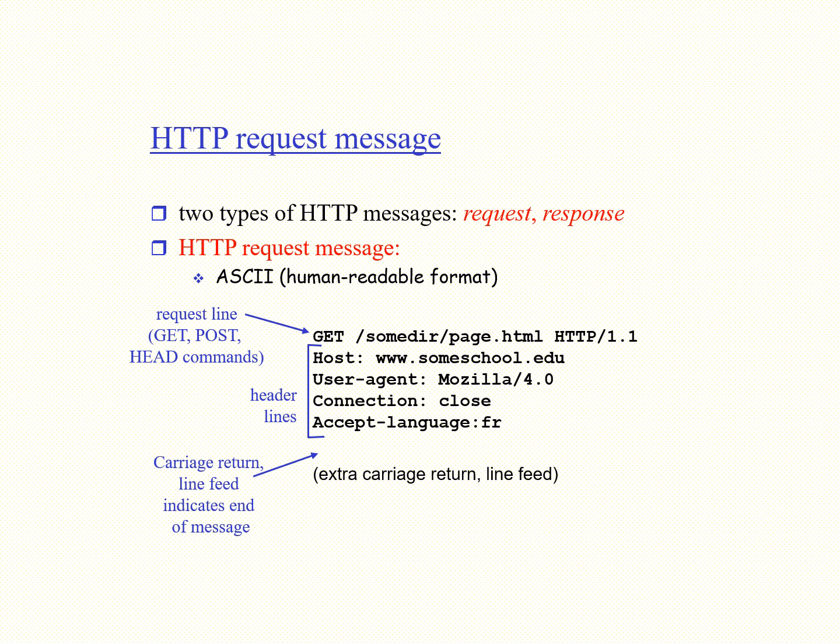These are some of the header lines in that particular request. It also contains a carriage return and line feed, which indicate the end of the message. So this is the general format of an HTTP request message.